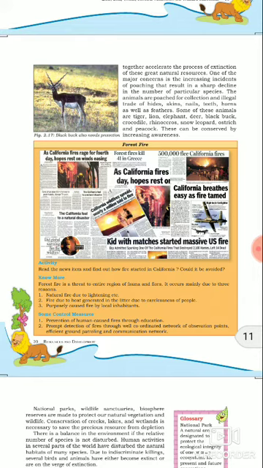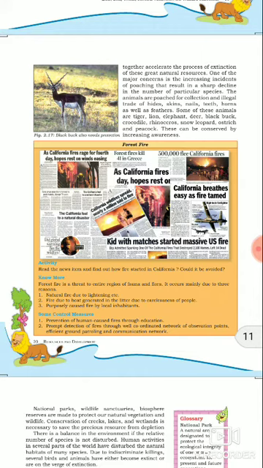Let us clarify this first, students. California fire rages for fourth day, hopes rest on the winds easing. California fires have killed many species of animals and plants. 5 lakh flee California fires.